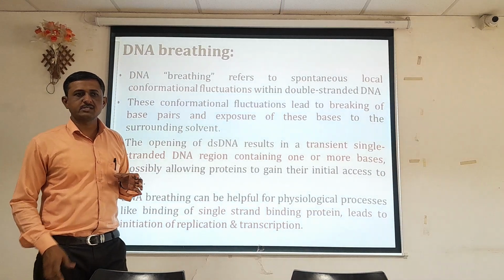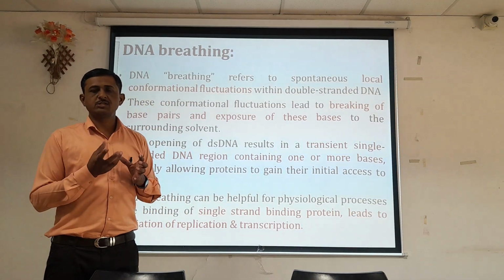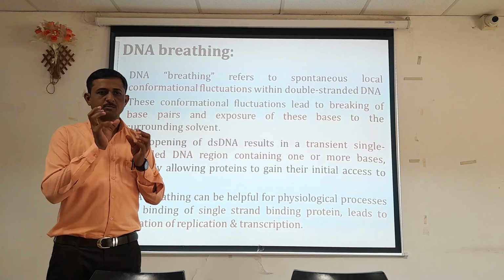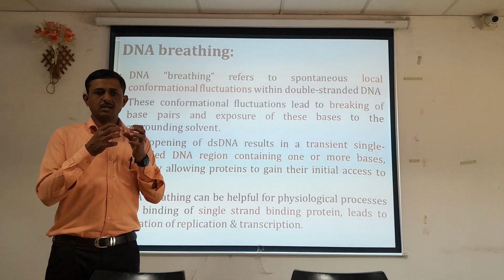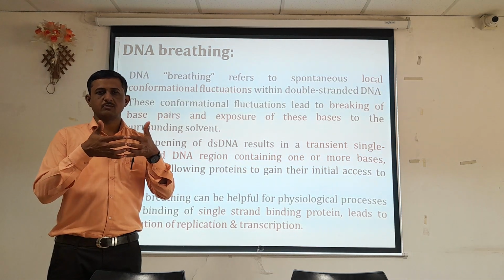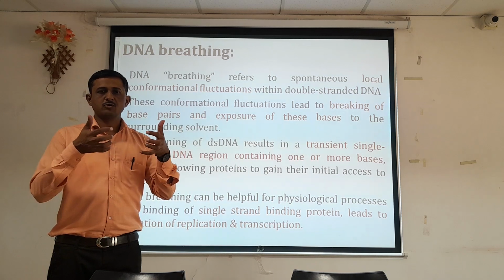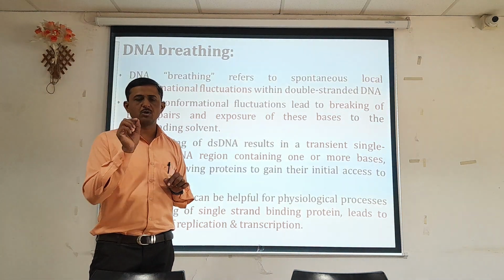As we have already discussed, double stranded DNA is double stranded. During the conformational change or fluctuation, what happens? Some bulbs or bubbles are formed inside the double stranded DNA. So the complementary base pairs of this DNA are now separated into single strands, and that particular bubble is formed at a particular location.